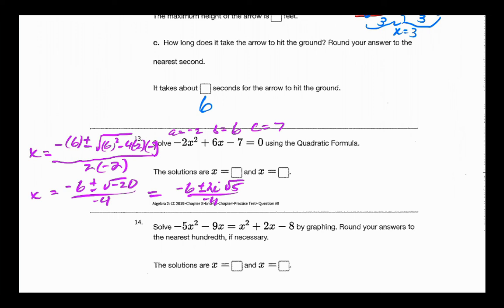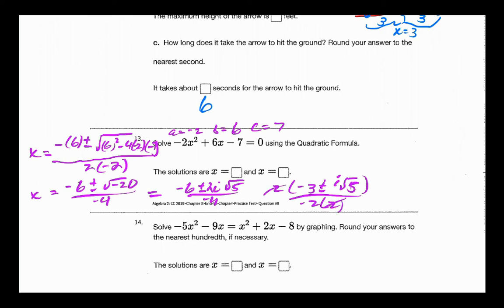Now, I can factor out a 2, so I'll have negative 3 plus or minus i root 5 all over 2 times negative 2. The 2's cancel.